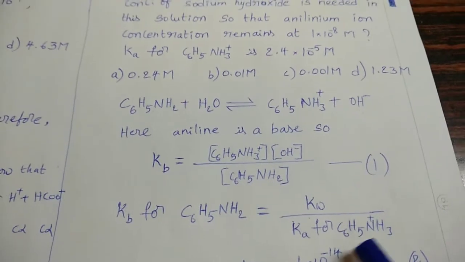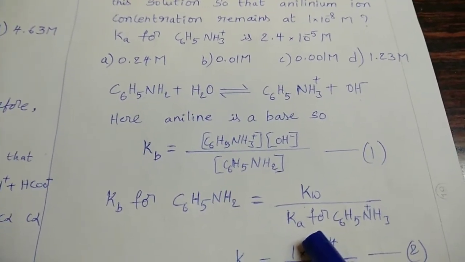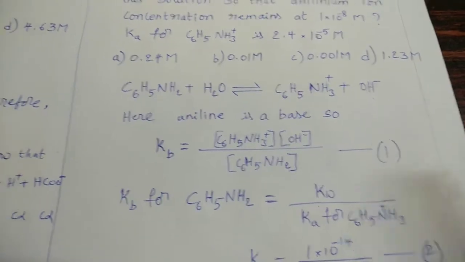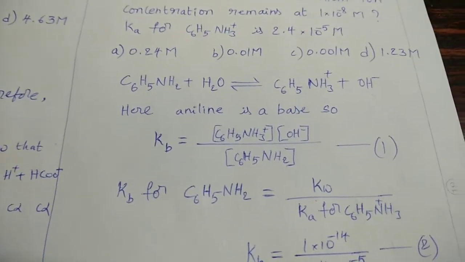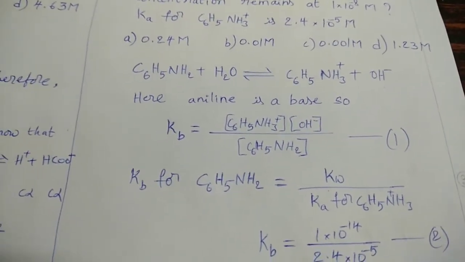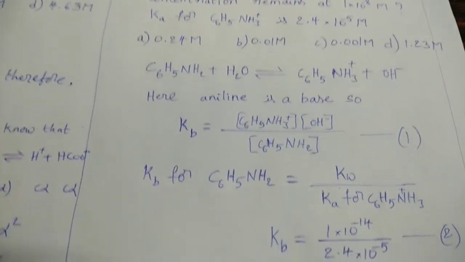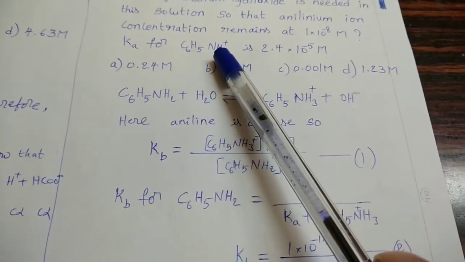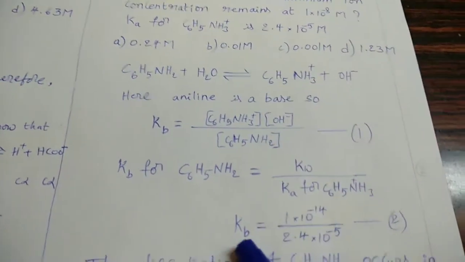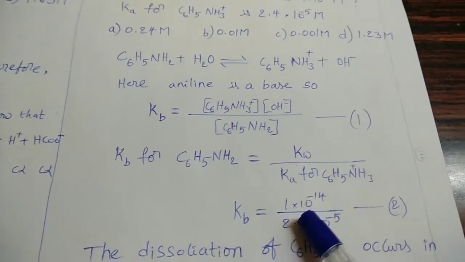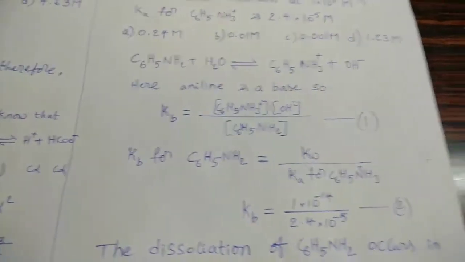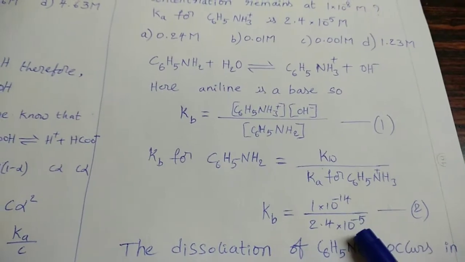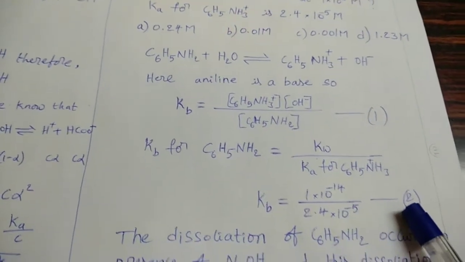That means Ka, the ionization constant of the acid for anilinium ion. Here anilinium ion can donate a proton, that's why it is considered a weak acid. So in the question Ka value for anilinium ion is given. So Kb for aniline equals Kw, we know that 1 into 10 power minus 14, divided by the given value substituted. Let it be equation 2.